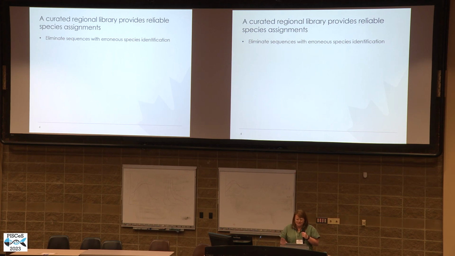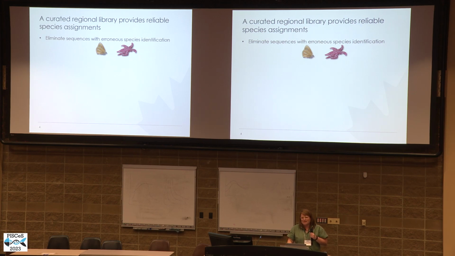You then eliminate sequences from the initial worldwide database that have erroneous species identification. As an example, for the marine environment, we systematically identified a butterfly at 40 meters in the Gulf of St. Lawrence, which is badly labelled, a wrong species assignment on NCBI, and instead it's a sea star.